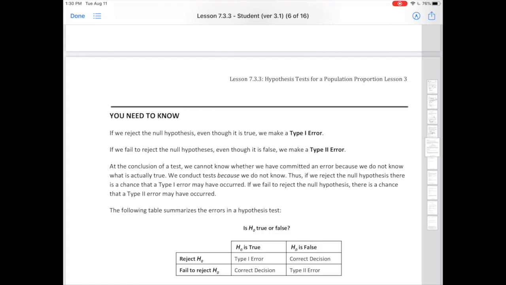What if a majority of adults did identify as pro-choice, but the sample that we got just didn't have enough people? It just didn't represent the true proportion. It happens. Sometimes you just collect an unlucky sample. So if an error like that occurs, it's not your fault. That's what we're talking about here. We're talking about errors that naturally occur because there's always a small chance.